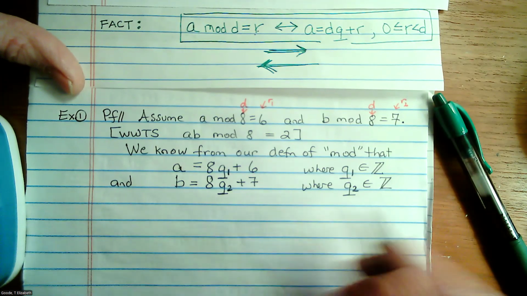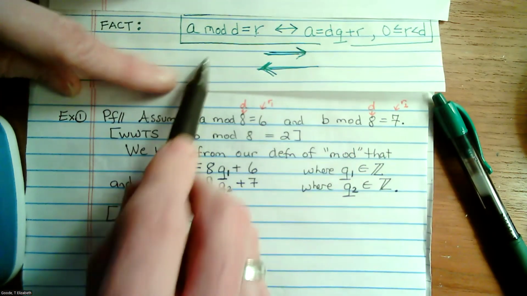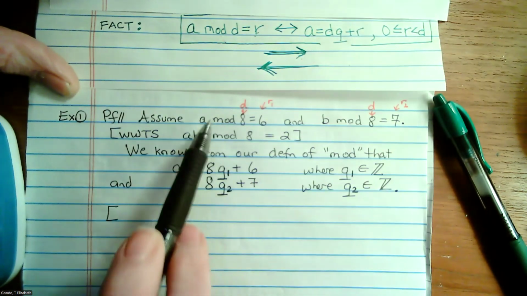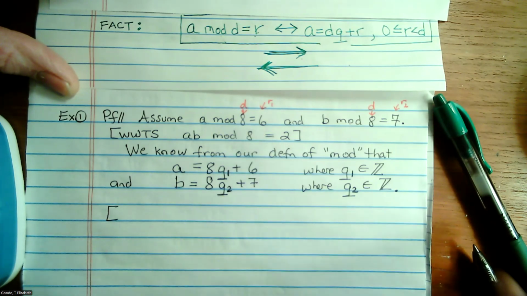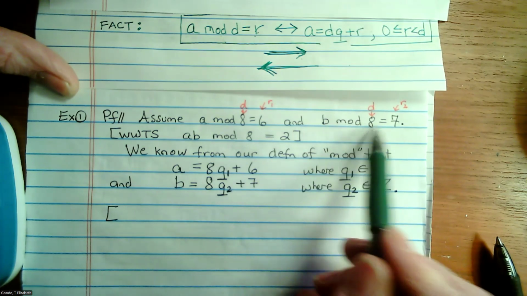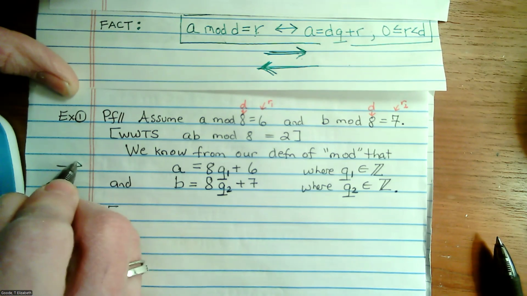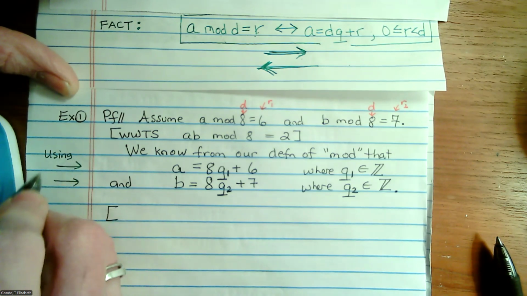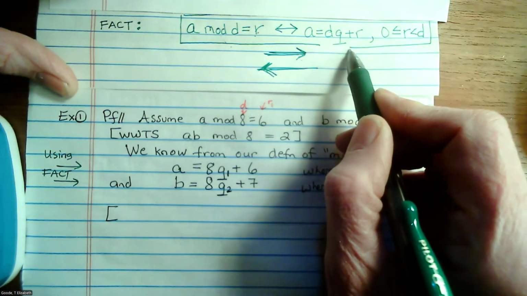Great. Now let's expand on our wish. What we just did was we used this fact from left to right. We had that A mod 8 equals 6, and we got an equation. And we had that B mod 8 equals 7, and we got an equation. So here and here, we're using the fact in that direction, left to right.